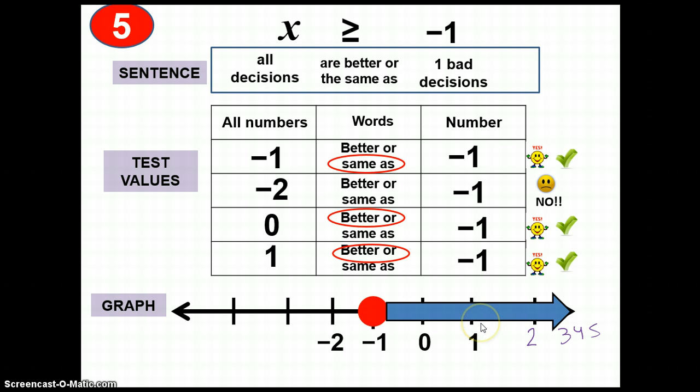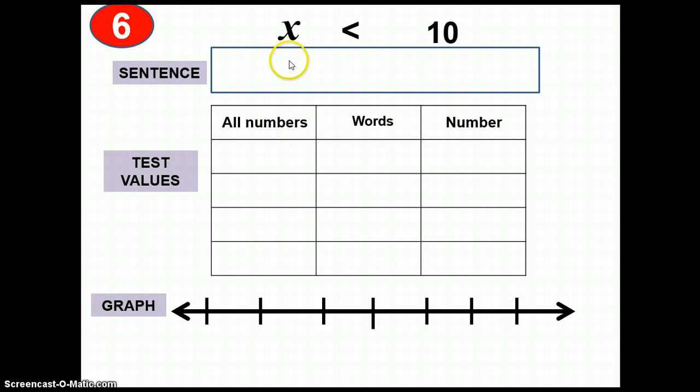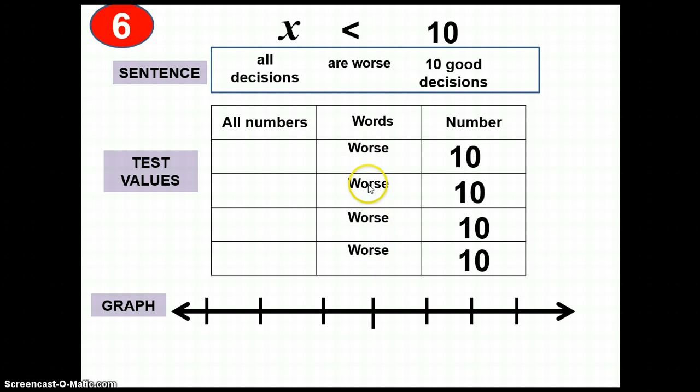Okay, let's try another one. All decisions that are worse than 10. All right, so we're going to be comparing it to 10. Now, is 10 worse than 10? No, it's the same as 10. So again, we're going to just draw a circle on it. It's not included.